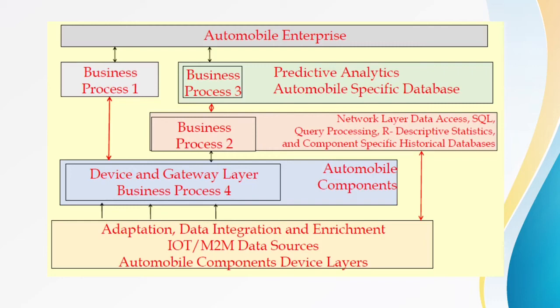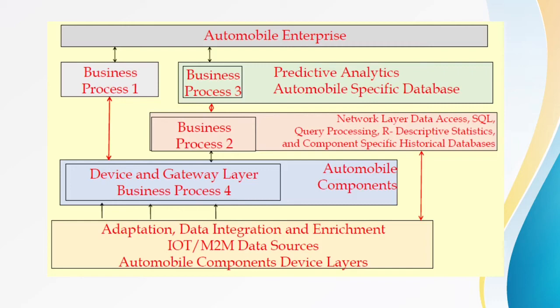So here it is going to have access to tens, or I can say numbers, of automobiles of the same model as the sending data. Then you have BP3, that is business process 3.